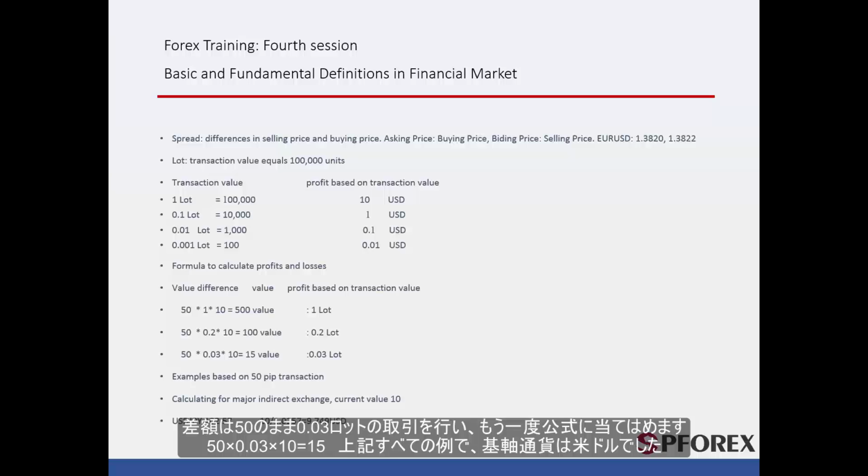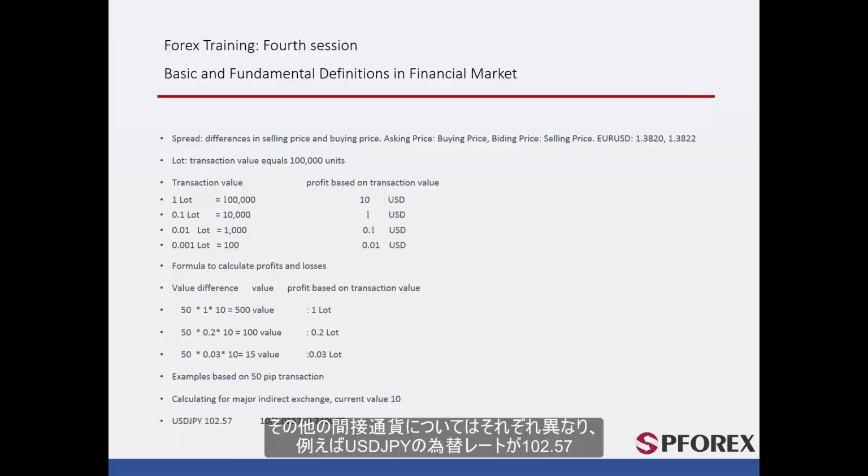The dollar was the base currency in all of the above examples. It is different for all other indirect currencies. For instance, if the US dollar against Japanese yen exchange rate is 102.57, this means that each 100 yen is worth $102.